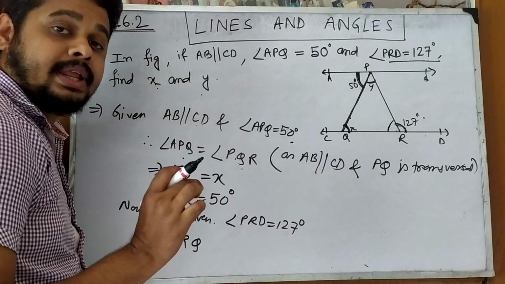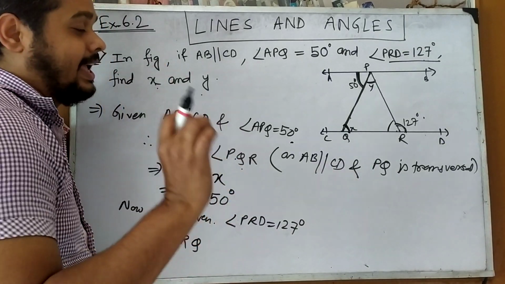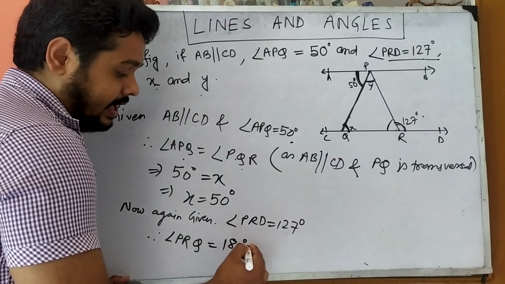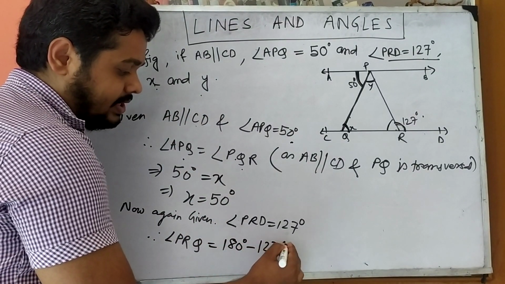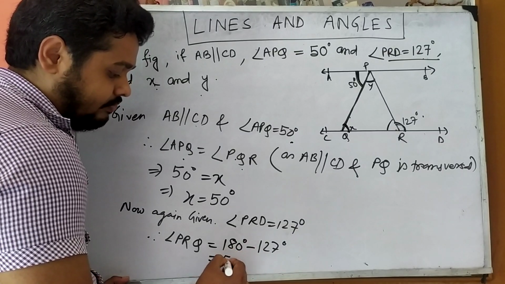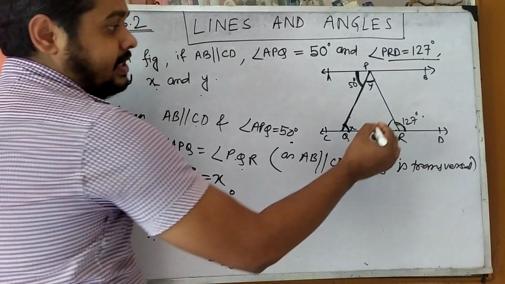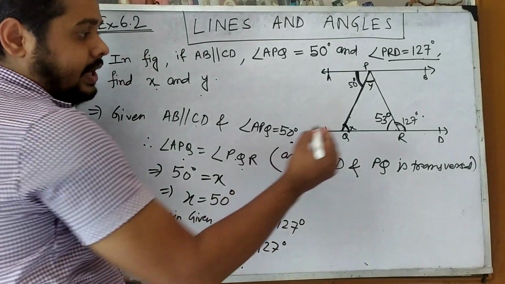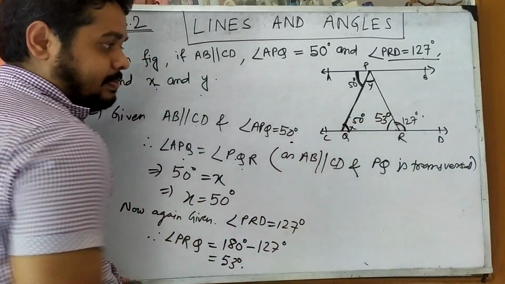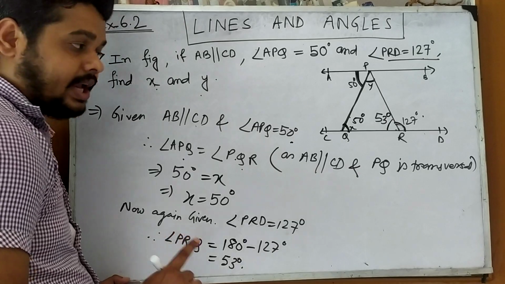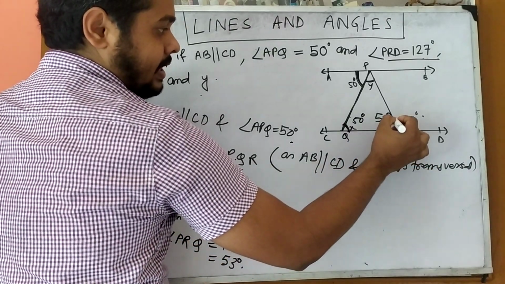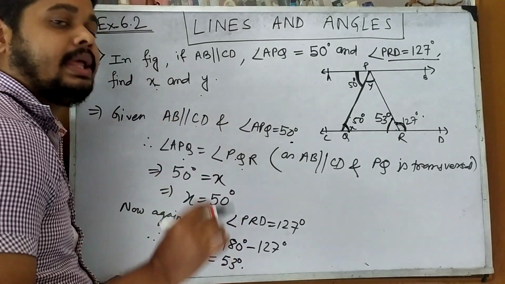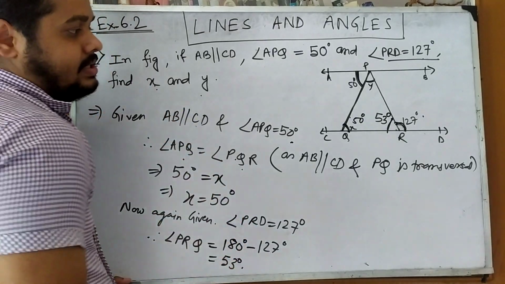Therefore, by which property? Linear pair of angles. 180 minus 127 degrees, that is 53 degrees. So this part is 53 degrees. And already we obtained that the value of X is 50 degrees. Clear? This is 127, therefore this one is 180 minus 127. By which property? Linear pair of angles.